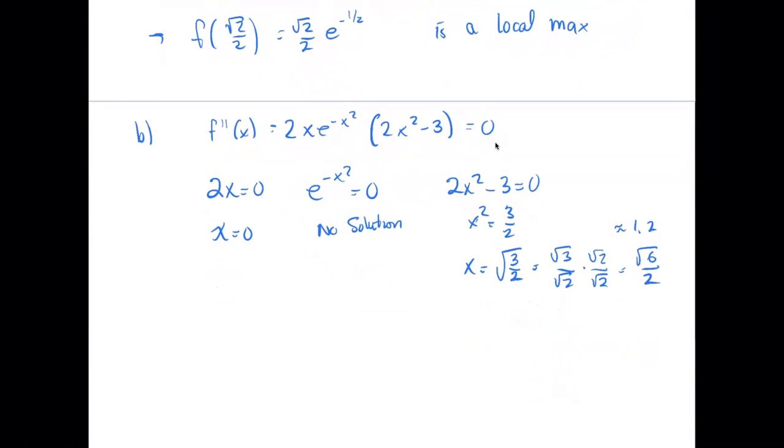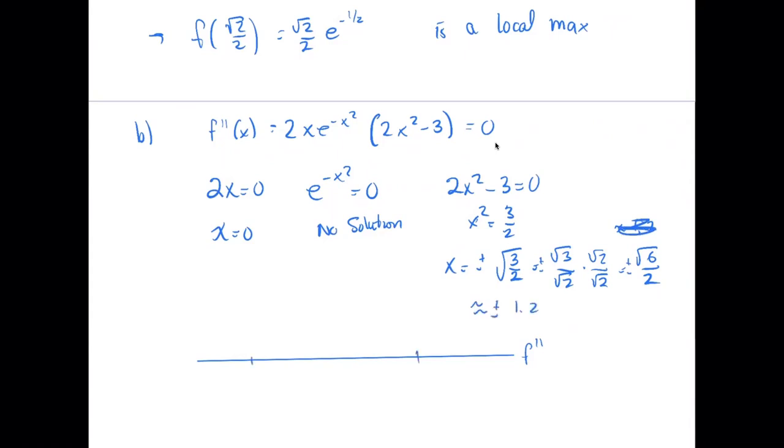So now again, I create a number line and I have all these numbers. I just realized I made the same mistake a lot of you did. This answer is actually supposed to be plus or minus. So this is approximately plus or minus 1.2.